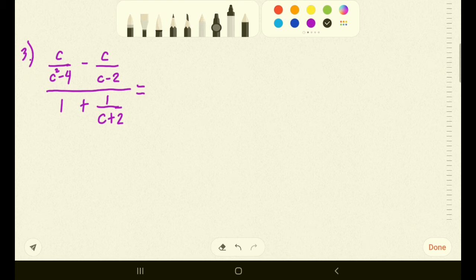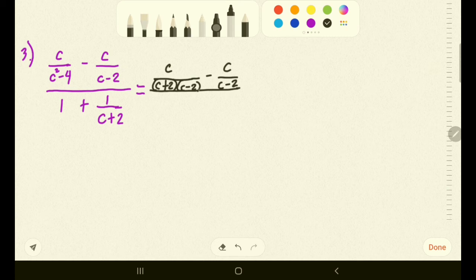They are dissimilar rational expressions. So, meaning you need to get their LCD. But notice, c squared minus 4 is factorable. That is a difference of two squares. So you factor that out so that it's easy for you to find the LCD. That would be c plus 2 and c minus 2. Okay. Minus c over c minus 2.